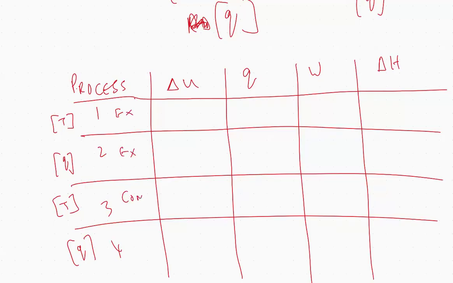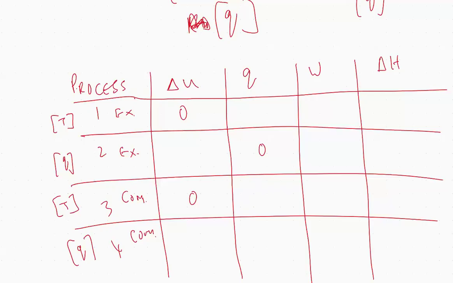Okay. So delta U, you know that when it is isothermal, delta U is 0. Then it should be 0 here too. Then if it is adiabatic, Q should be 0 because heat is not exchanged, and this one should be 0.